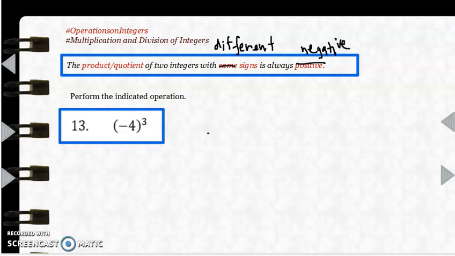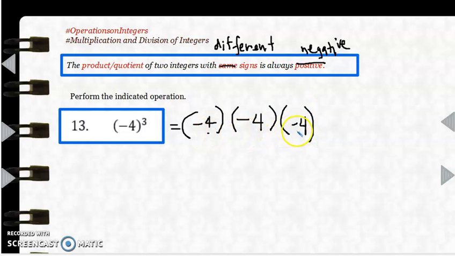As the definition of the exponent, it tells us how many times this base negative 4 will be used as a factor. So when we are going to have the expanded form of this, it will go like negative 4 times negative 4 times negative 4. Since the exponent is 3, then negative 4 will be used 3 times as a factor.